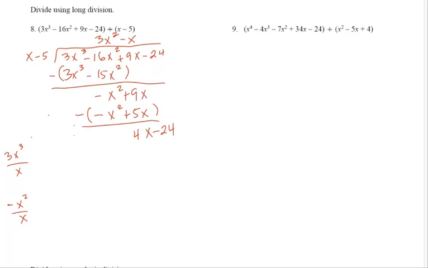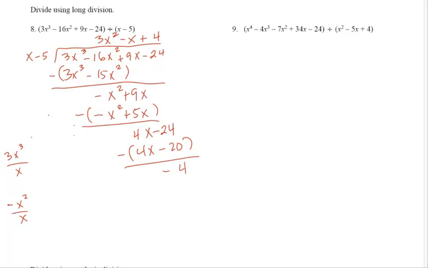And we got one more division to do. x into 4x. That's positive 4. Now distribute the 4. 4x minus 20. 4 times negative 5. Subtract. So negative 24 minus negative 20, that's really addition. So negative 24 plus 20 is negative 4.